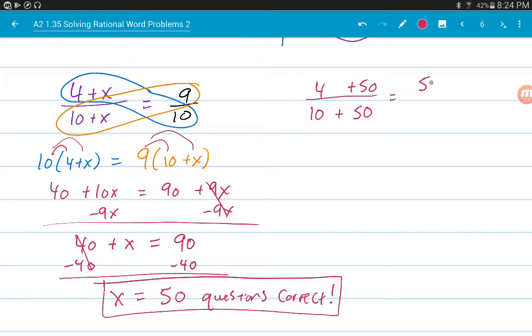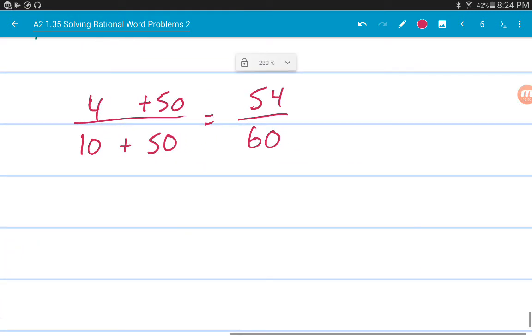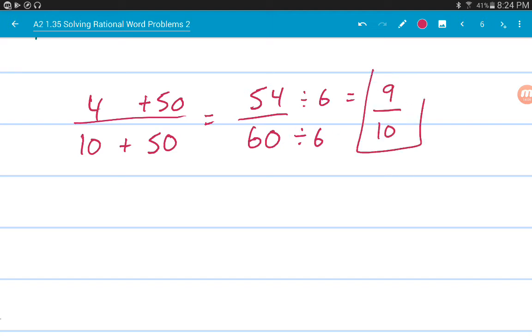That equals 54 over 60. 54 over 60 is 90%. If you don't believe me, try this. Divide them both by 6. 54 divided by 6 is 9. 60 divided by 6 is 10. That right there is 90%, 9 out of 10.